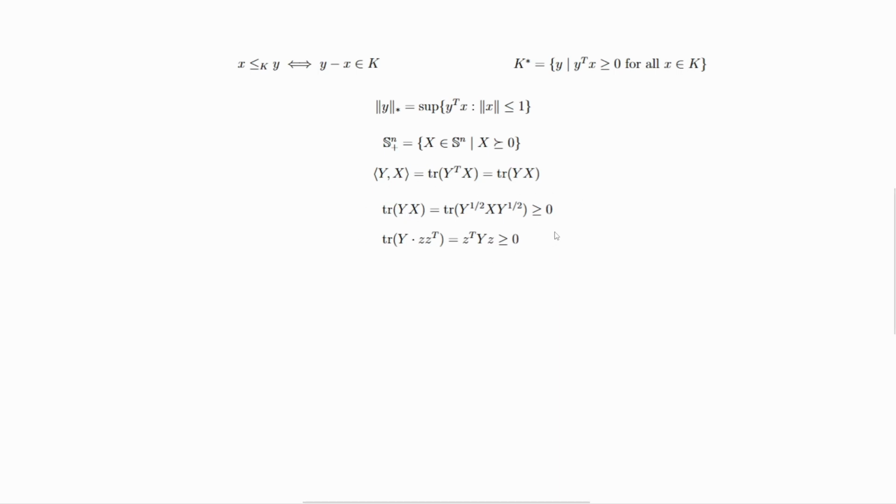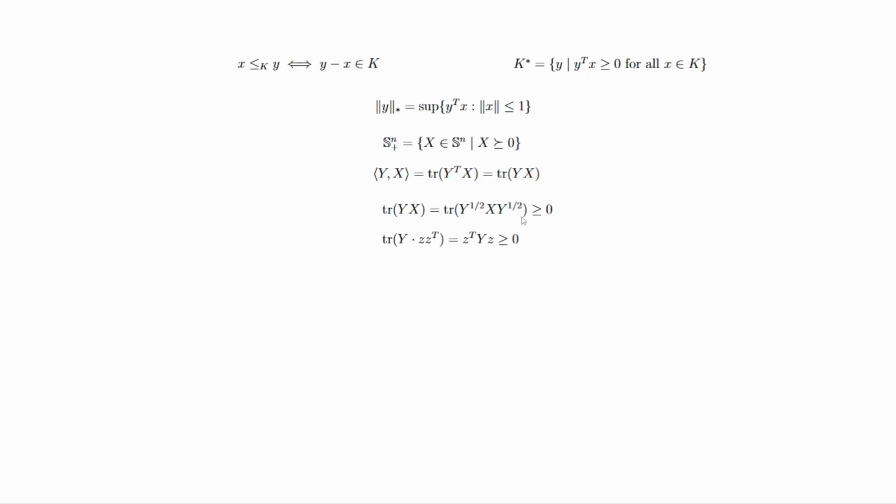That's my claim. To see this, we can write the trace of yx as the trace of the following expression using properties of the trace. And since this inner expression is positive semi-definite, its trace must be non-negative.